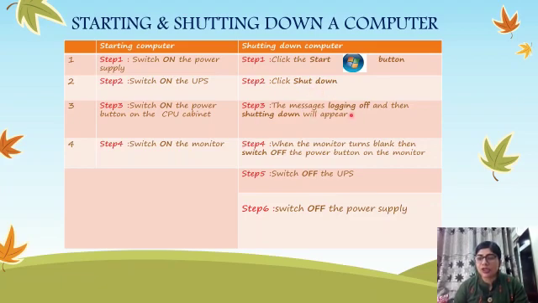The message logging off will appear on your screen. Then shutting down will appear. When the monitor turns blank, then switch off the power button on the monitor, then switch off the UPS, and then switch off the power supply. But remember, you do not have to turn off the CPU button because the CPU turns off automatically the moment we click on the shutdown button.